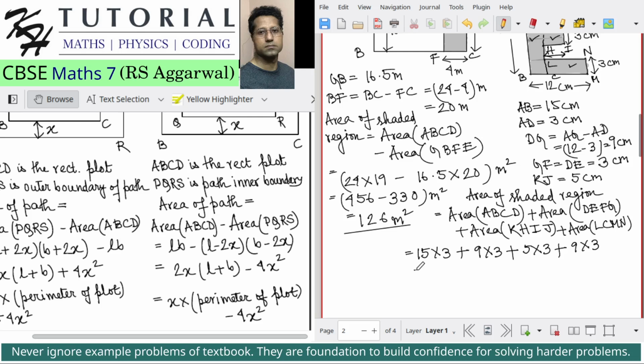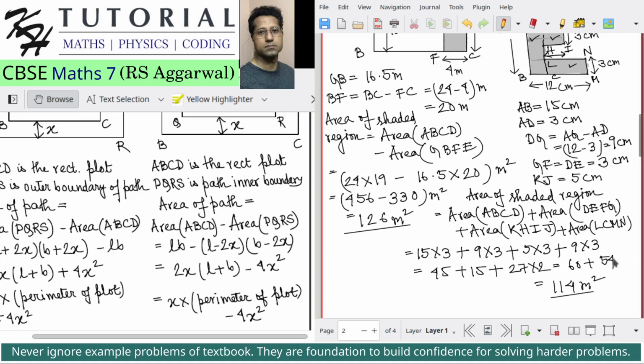Okay. So this is equal to 45, plus 5 into 3 is 15, and 9 into 3 is 27, 27 multiplied by 2, which is 54. 60 plus 54 is equal to 114 meter square.